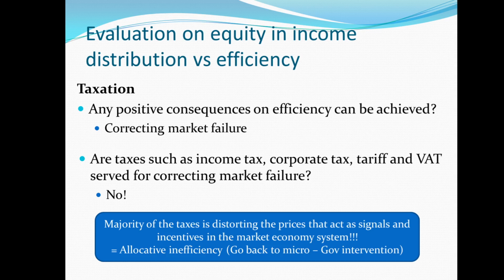So when you talk about income tax, corporate tax, when we use them, it makes income distribution more equitable. But at the same time, it might destroy the allocative efficiency. So that's one.